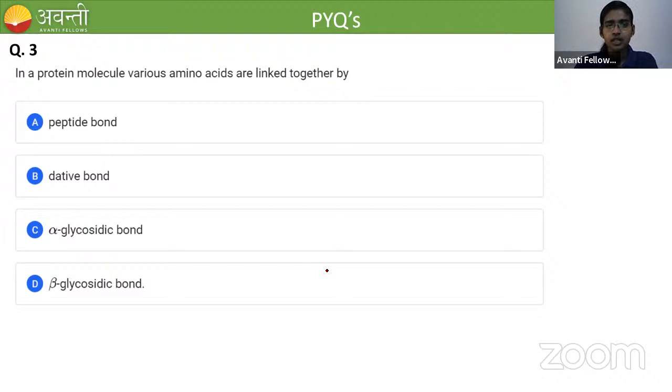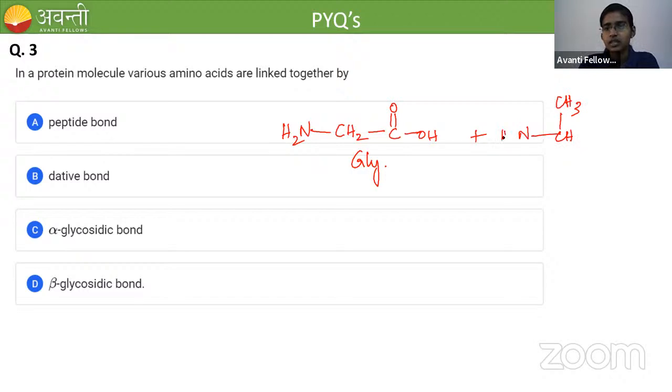So let me take an example for you. I will take glycine. The glycine formula is CH2, COOH, NH2. And I'll take alanine as the other example. So the alanine structure would be CH, CH3, NH2 and COOH.